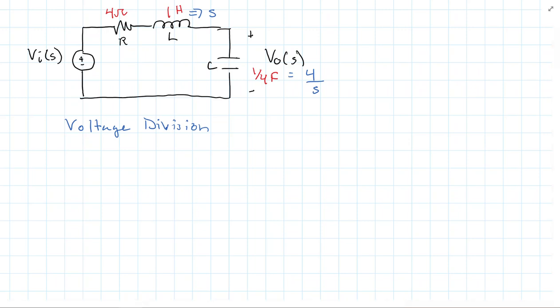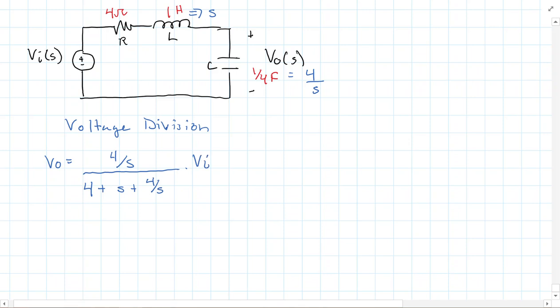All right, so now let's go ahead and do voltage division here. So I would have that V out is equal to 4 over S divided by 4 plus S plus 4 over S, times V in.